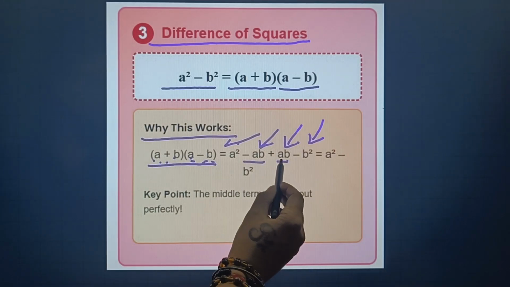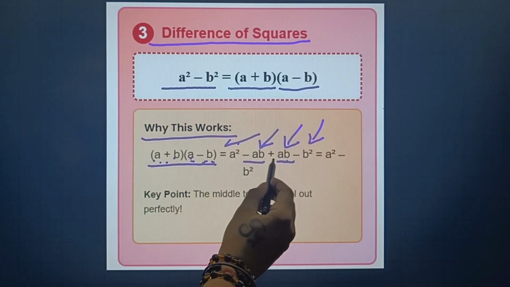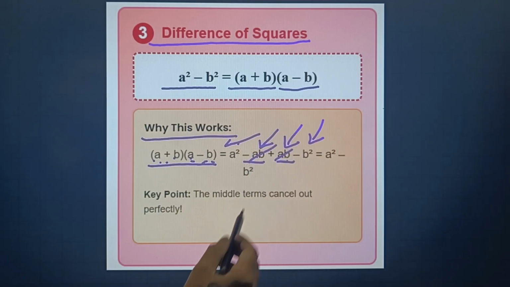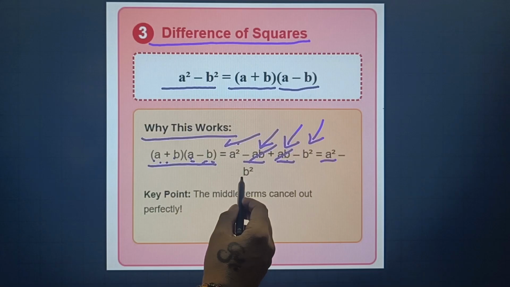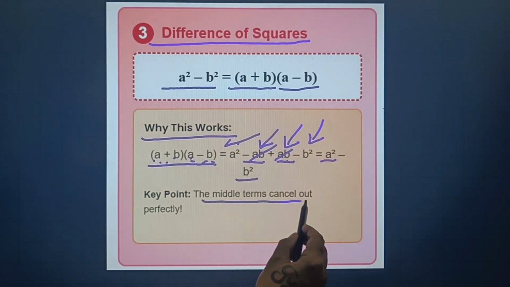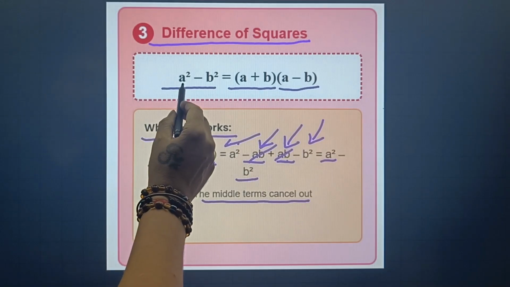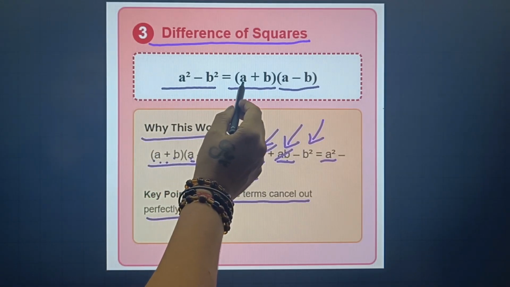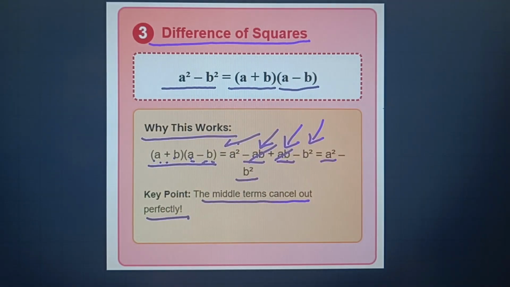Since these two terms are similar but their signs are different, we can cancel these two terms and we will be getting only a square minus b square. Here the middle terms cancel out perfectly. Hence we can say that a square minus b square equals a plus b into a minus b.